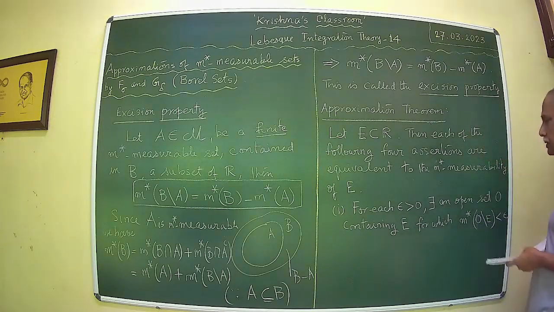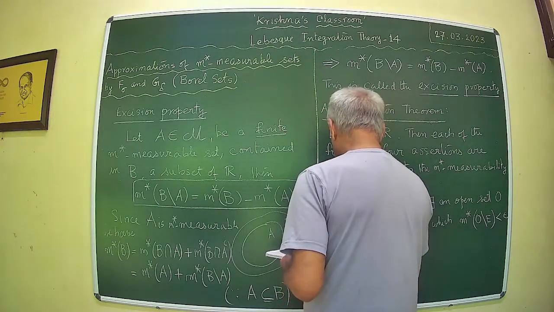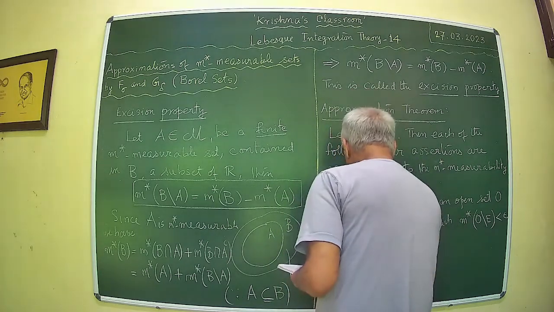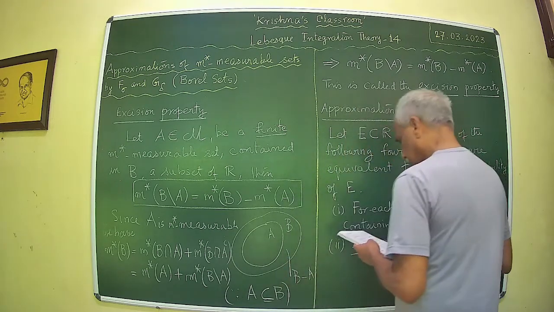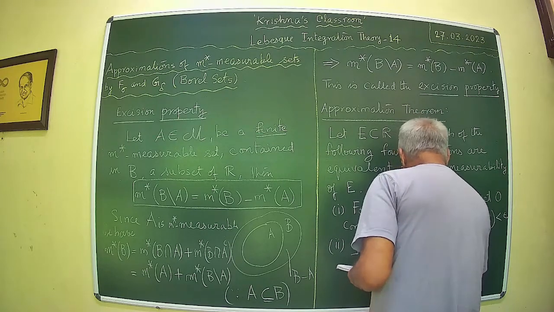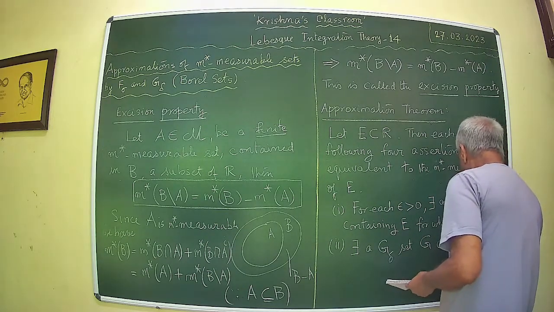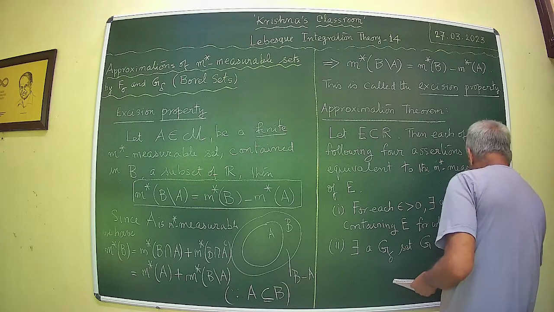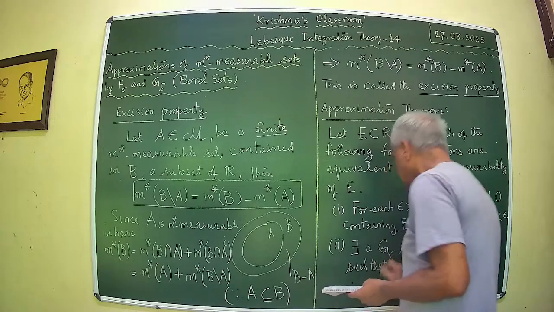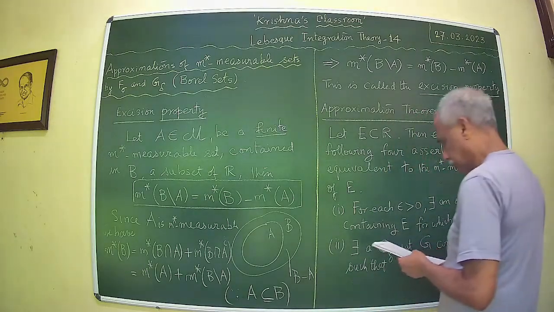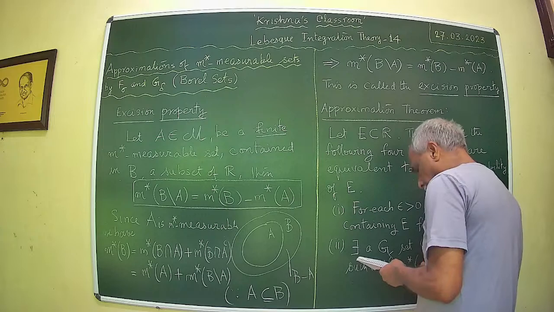That is one statement. The second statement is that there exists a G delta set G containing E such that M star of G slash E equals zero.